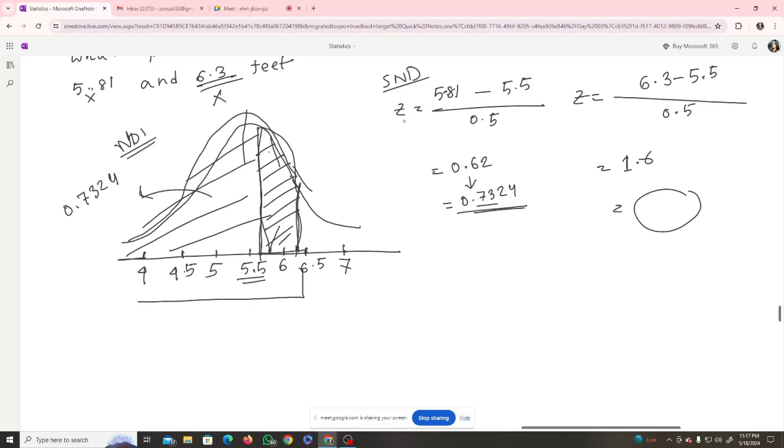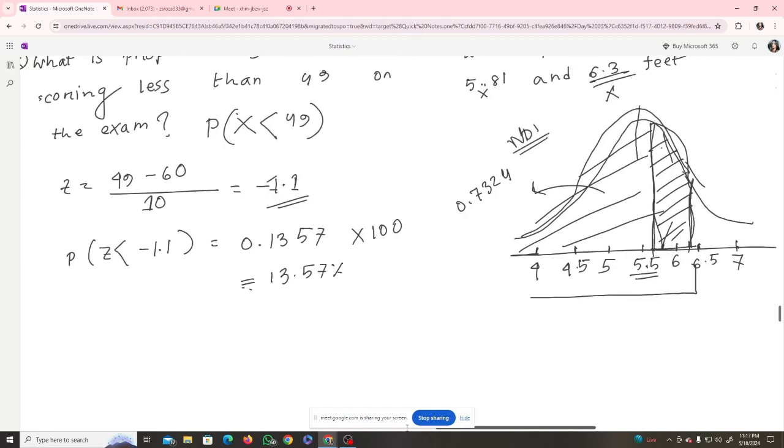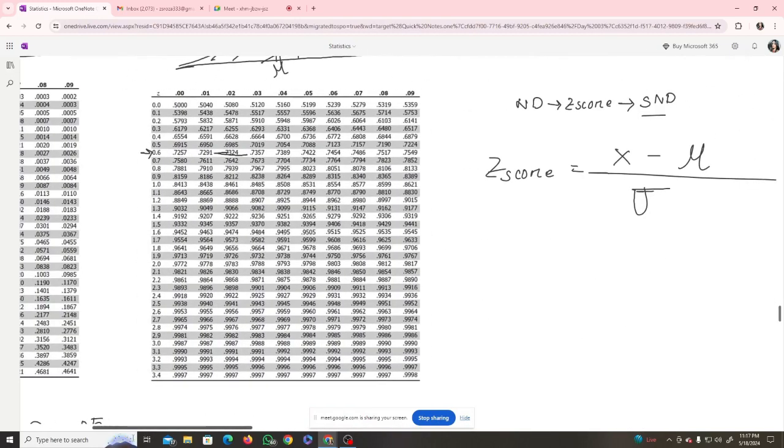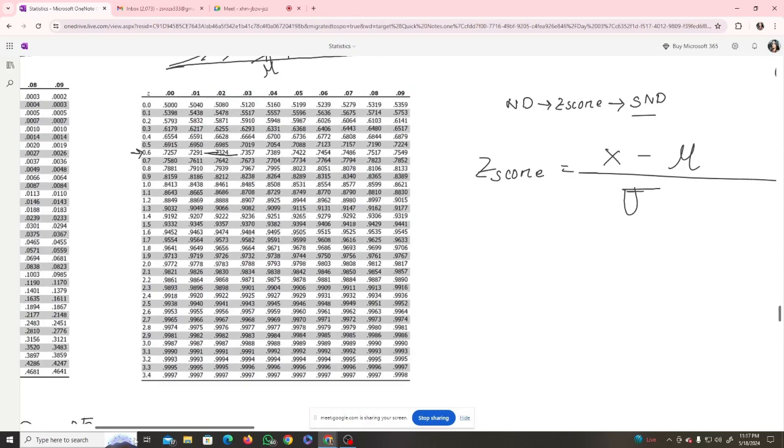If you are overwhelmed, let me just do it for you. Then we have to find 1.6. Let's again go to the z table, the horrific z table. It looks very ugly, right? Here is 1.6.